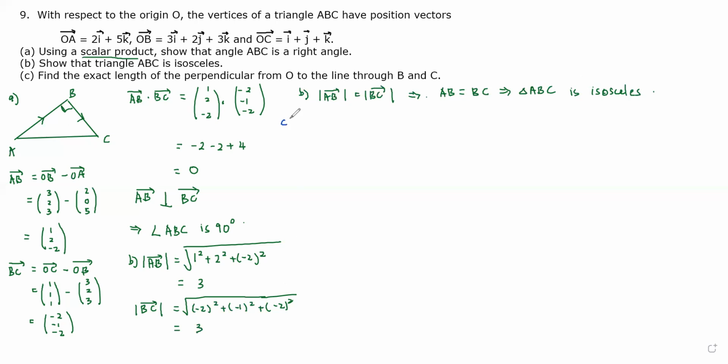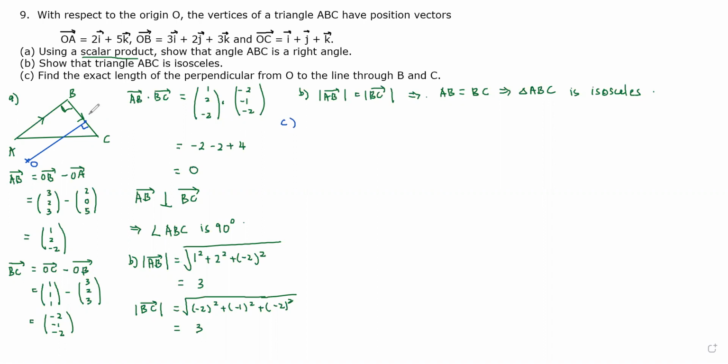Part C. Find the exact length of the perpendicular from the origin to the line through BC. Let's say you have an origin here, and we want to find the exact length of the perpendicular. You connect the origin O to a point on BC. Let's say there is a point here. We need to find this distance.